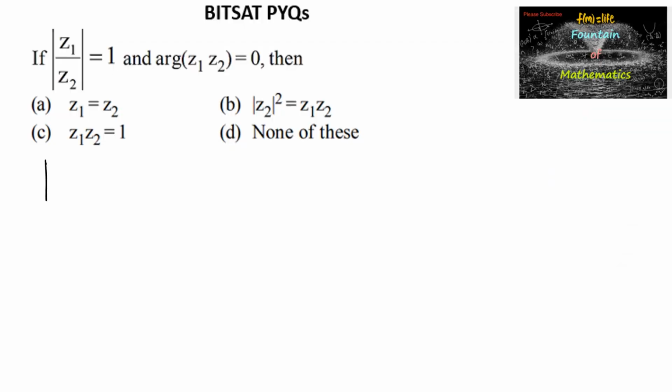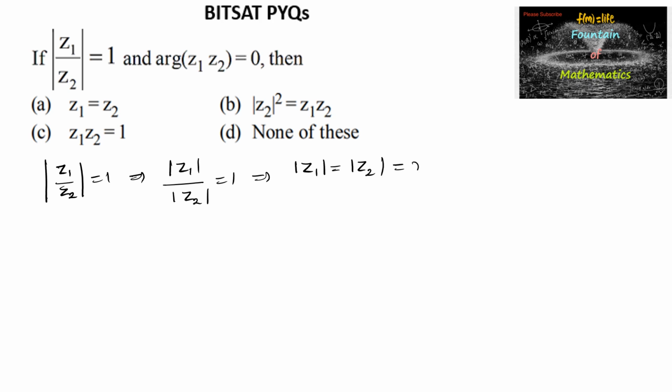Given mod of z1 by z2 is equal to 1, which implies that mod z1 upon mod z2 is equal to 1, that is mod z1 is equal to mod z2. So let us consider both magnitudes equal to r, and also given argument of z1 z2 is equal to 0.